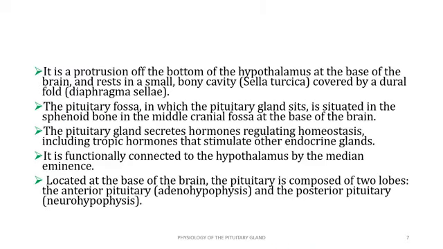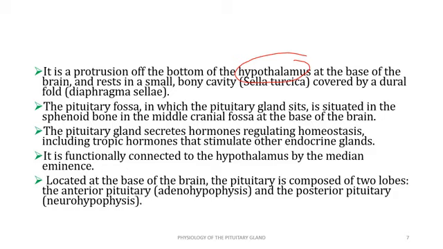Okay, to reiterate, the pituitary is a protrusion of the bottom of the hypothalamus. As I said, it is found inferior to the hypothalamus. The pituitary rests in a cavity-like structure in the middle cavity of the bony cranium, or basilar skull. This part is known as the pituitary fossa.